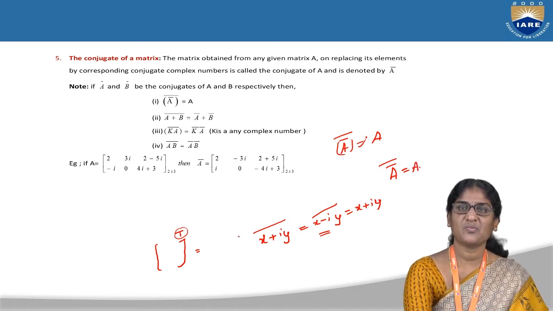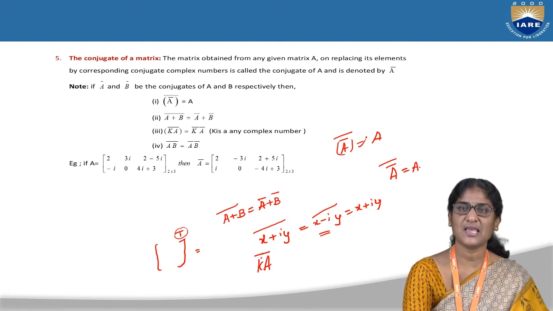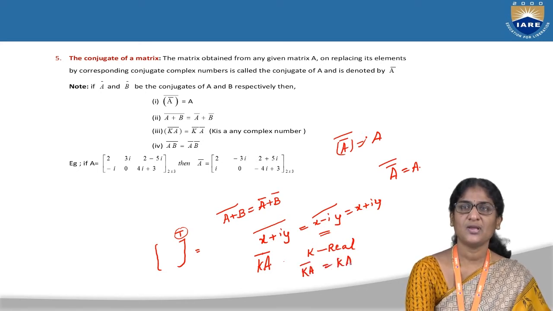If A and B are two different matrices, the conjugate of A plus B is the sum of the individual conjugates, A bar plus B bar. Similarly, for a scalar multiple of the matrix A, the conjugate operation will not affect K if and only if K is a real number. That means if K is a real number, then K A whole bar is equal to K into A bar.